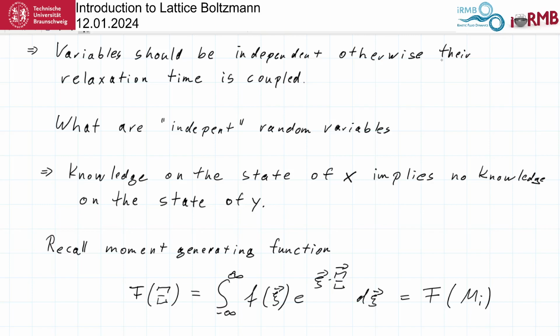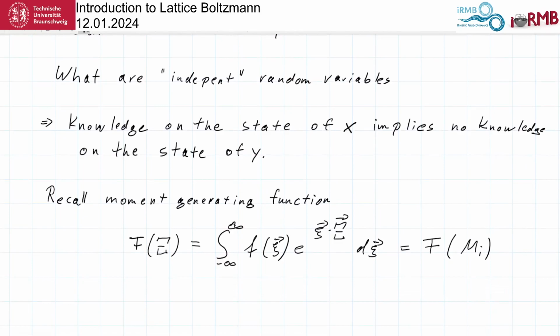So now what we did is we turned the probability density in the velocity space into a frequency space, and it's still a probability distribution.